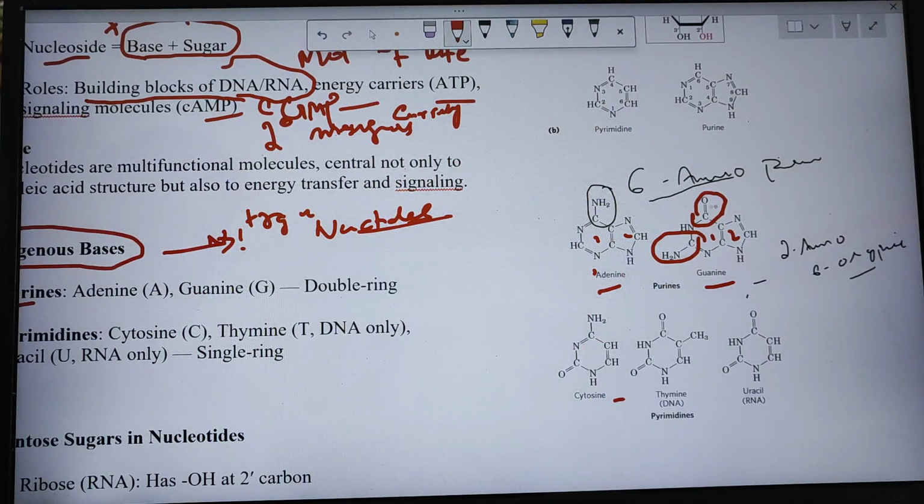So guanine is 2-amino 6-oxypurine because it has the amino group at carbon 2 and the keto group at carbon number 6.